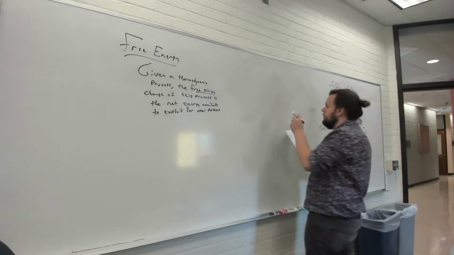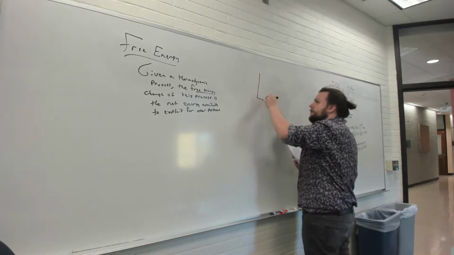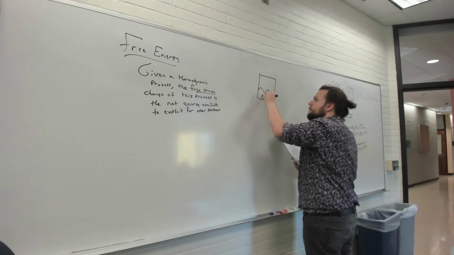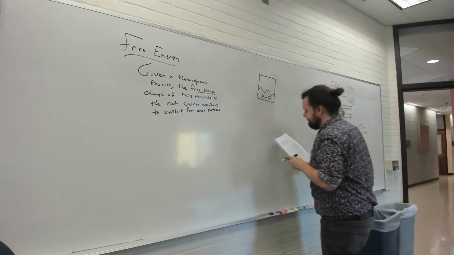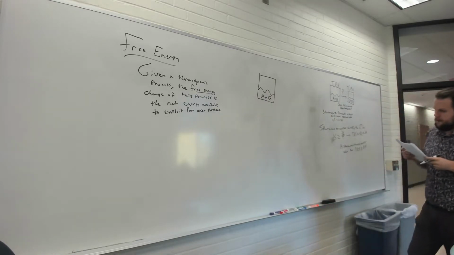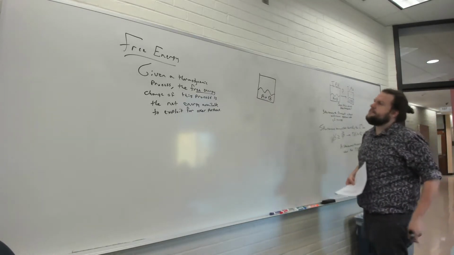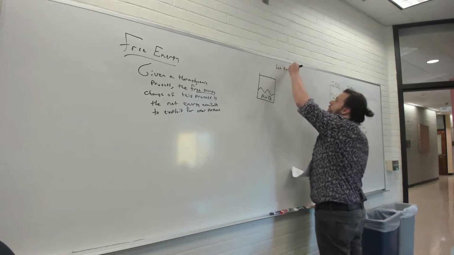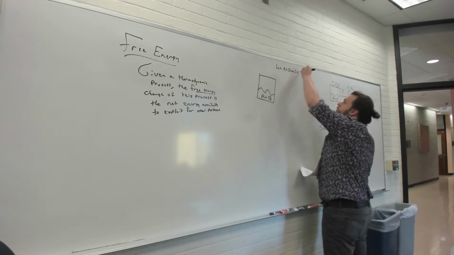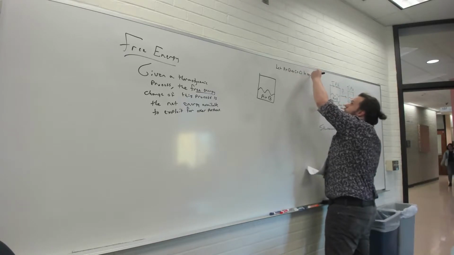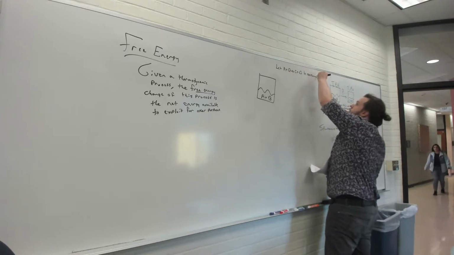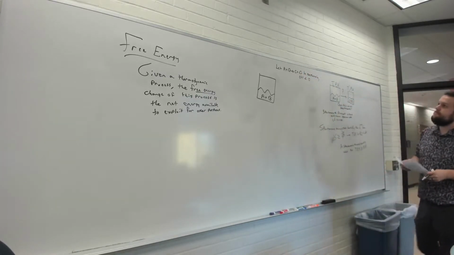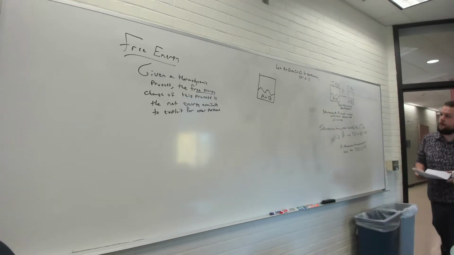But let's say, for instance, you have your reactor with A plus B. And let's say that this is an exothermic reaction, which means that dH is less than 0. Right? The system releases heat to the environment.